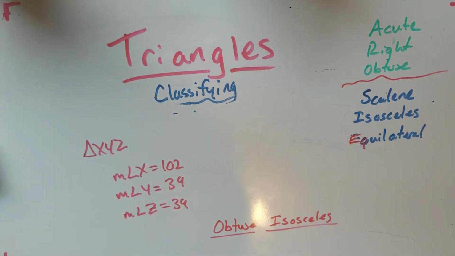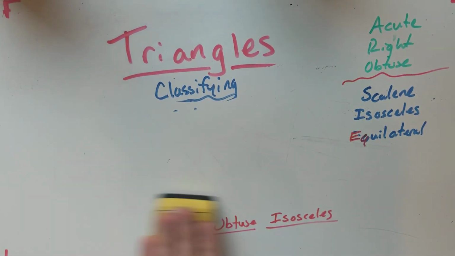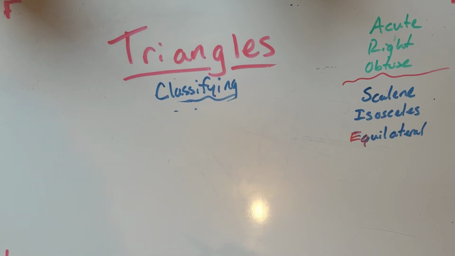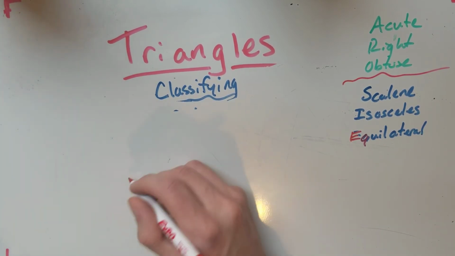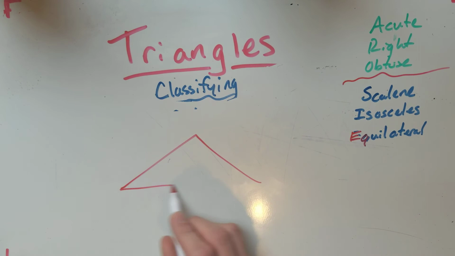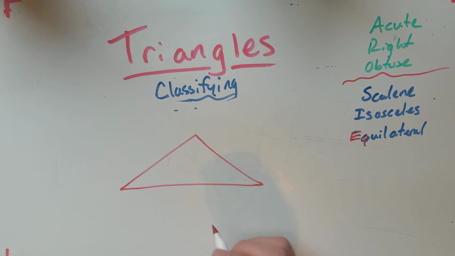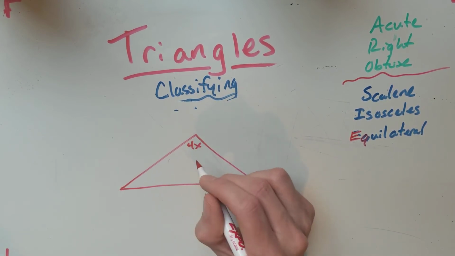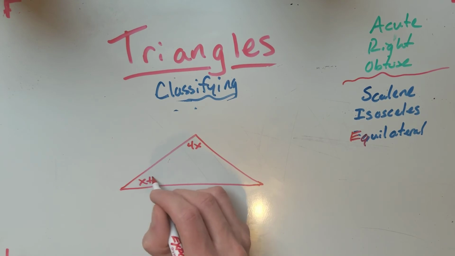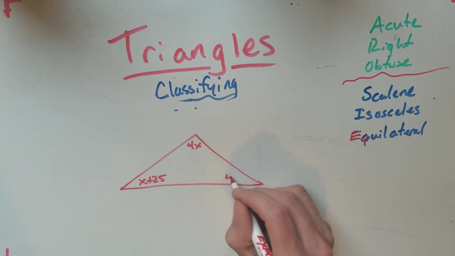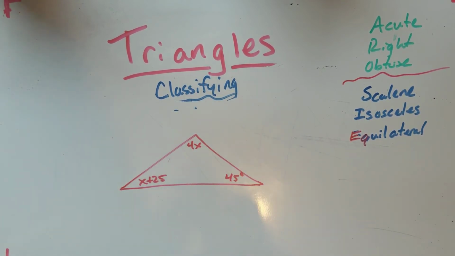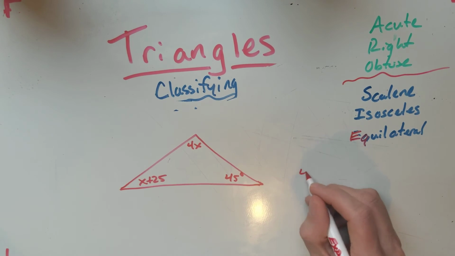All right, on to our next one. So our next one, we have this triangle. And in this triangle, we have 4x, x plus 25, and this is just giving us 45 degrees. And we want to classify. So we need to figure out some angle measurements. Let's go ahead and make an equation.